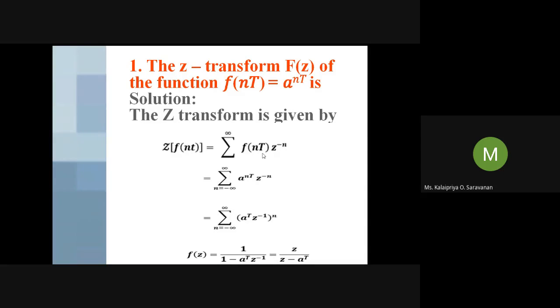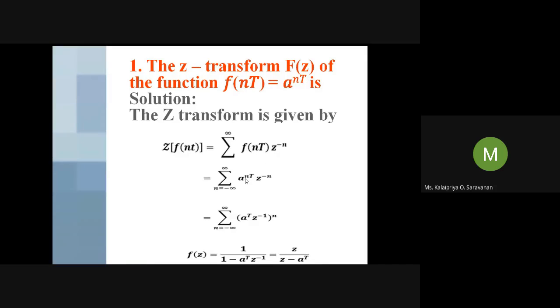So f of nT is given here as a power nT. So we have summation n equal to minus infinity to plus infinity, and instead of f of nT we substitute the given expression, a power nT z power minus n. Any time you solve a Z transform expression, the basic point is to take the power n as common, however it is given.